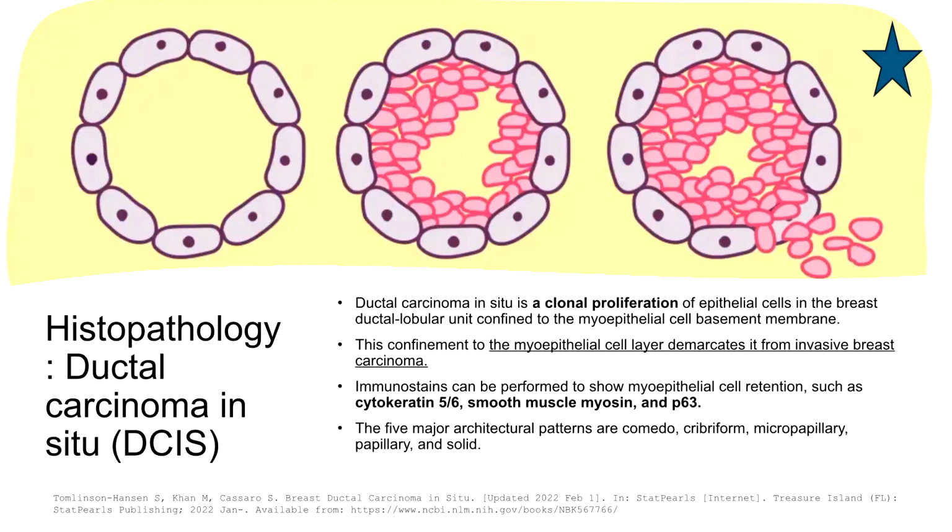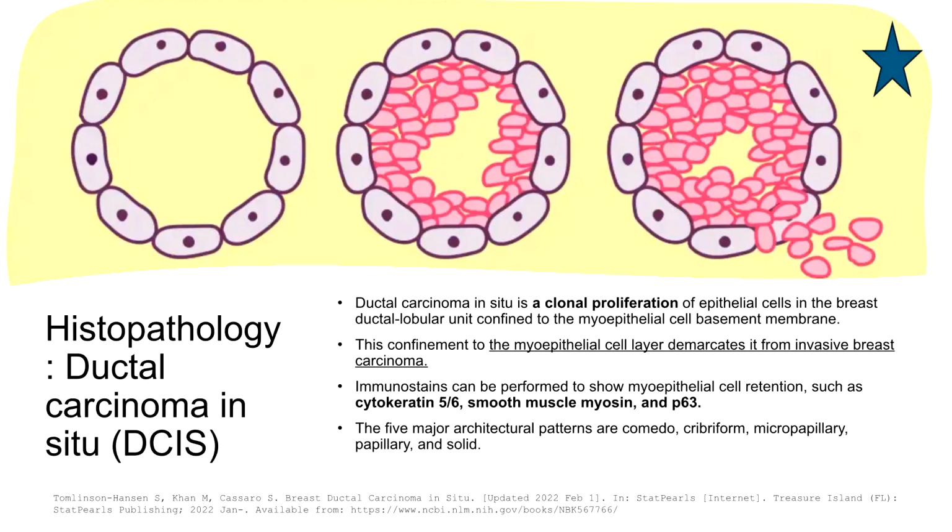Of course, as I told you, they have the capacity to invade and go out of that little protection of the myoepithelial basement membrane. And when it goes out, it becomes invasive. There are some immunostains that can be performed to show myoepithelial cell retention, to show that it still is a carcinoma in situ.